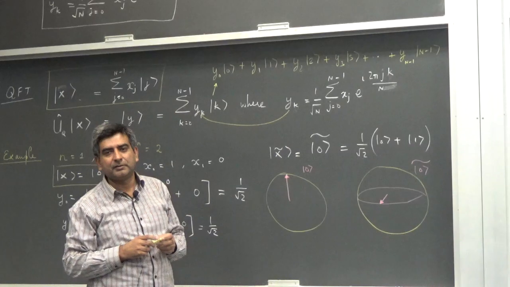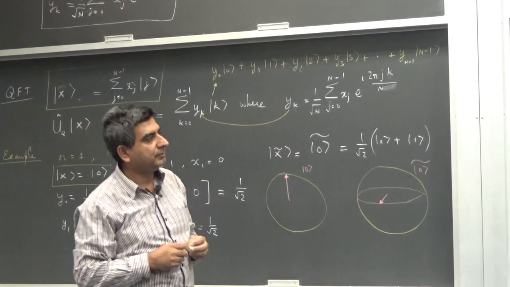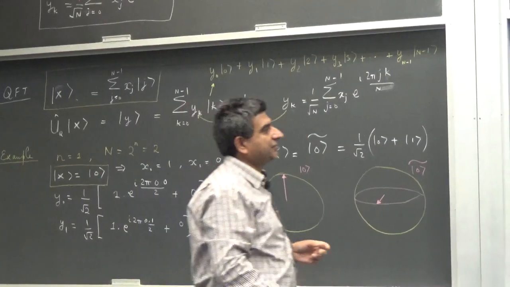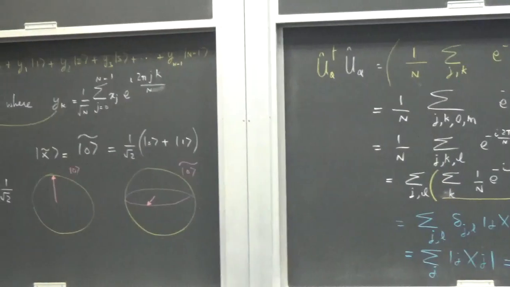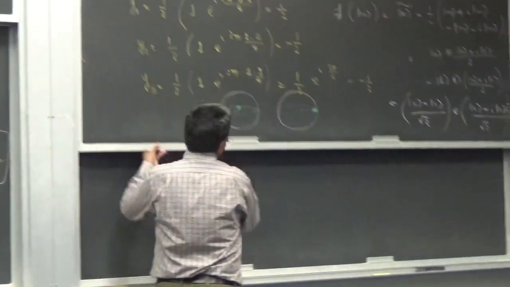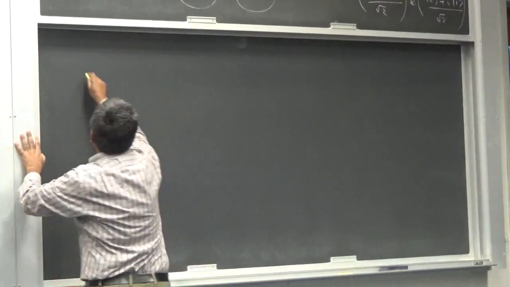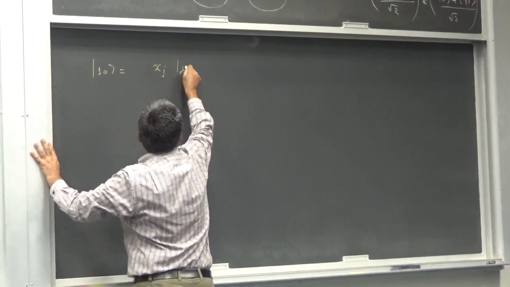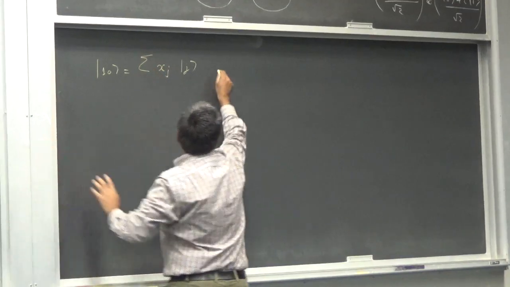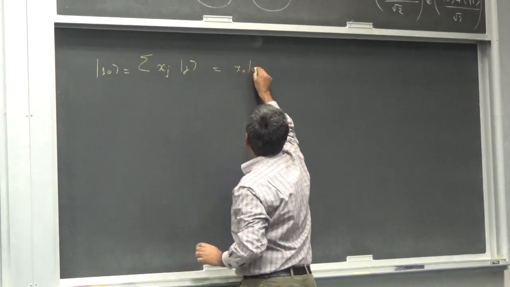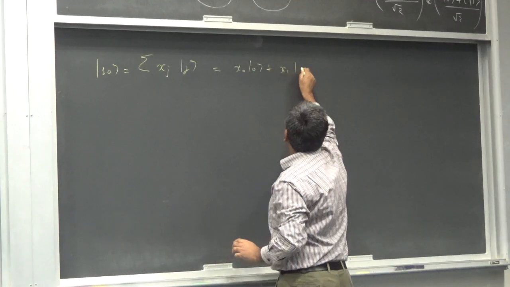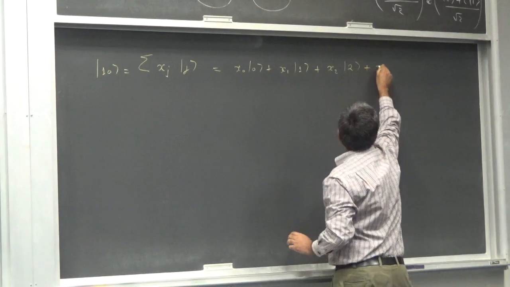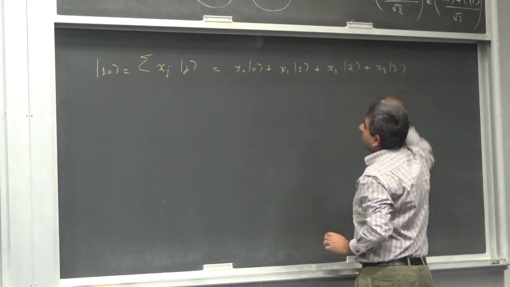Why did you take x2 is equal to 1? Sorry? x2 is equal to 1, what I took. Because initially my state is my 10 can also be written as xj, right? So this is some x naught, right?